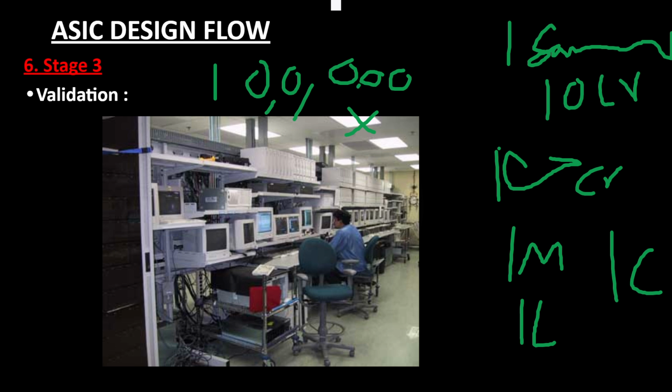Let me erase. If they produce 10 million, and they sell that product, the IC, at 100 rupees, then how much will they get? They will get 10 CR, right?